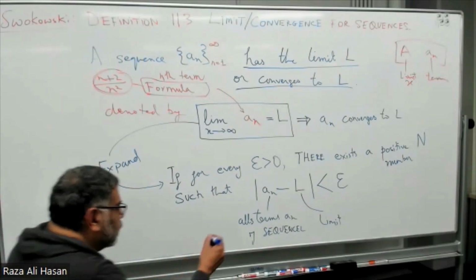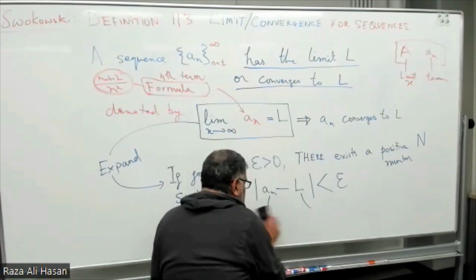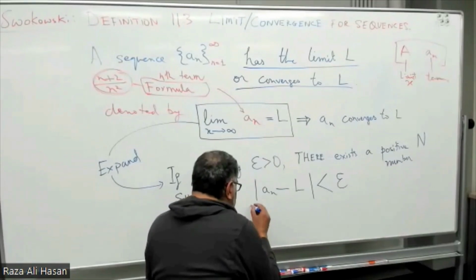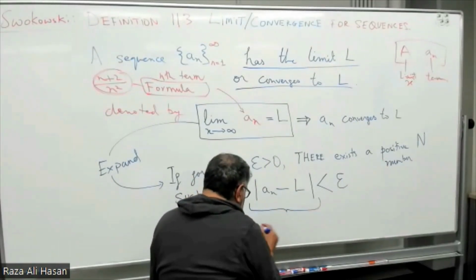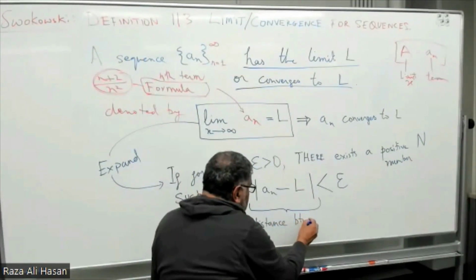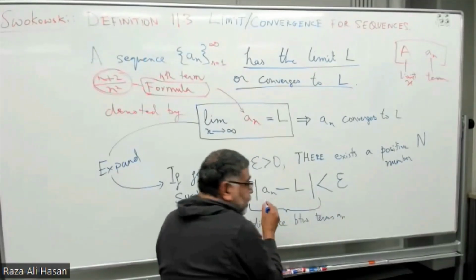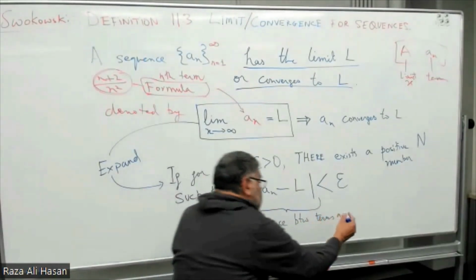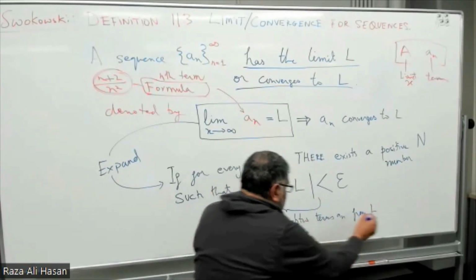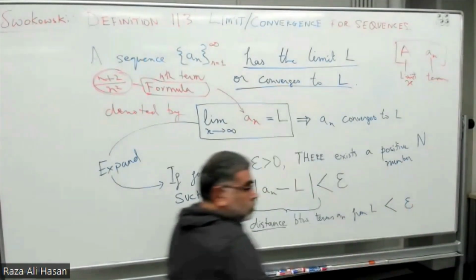Because of the absolute value, this represents the distance between each and every term an from L, and this distance is always less than this positive number epsilon.